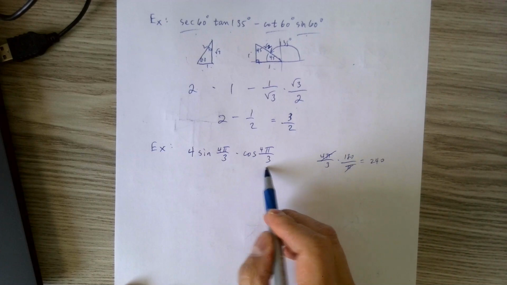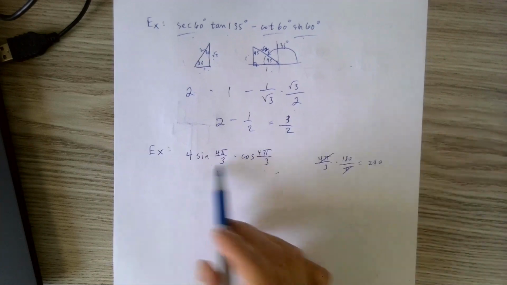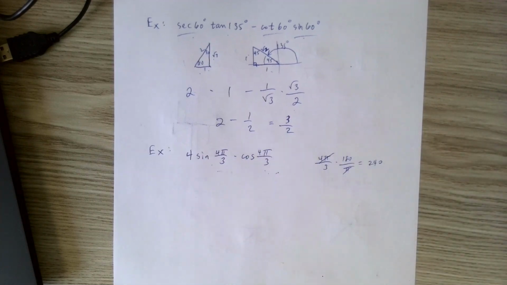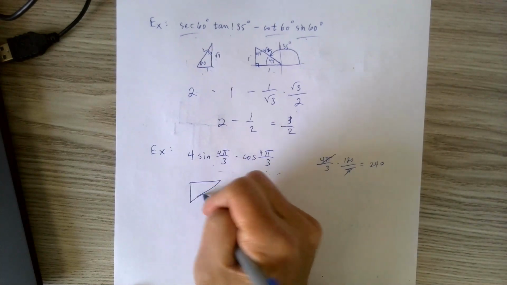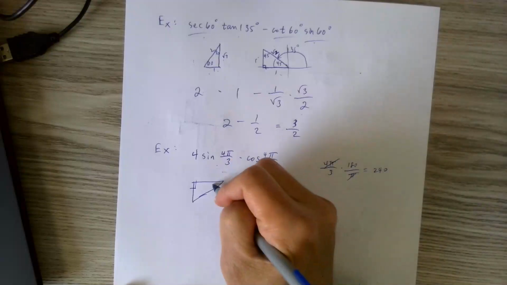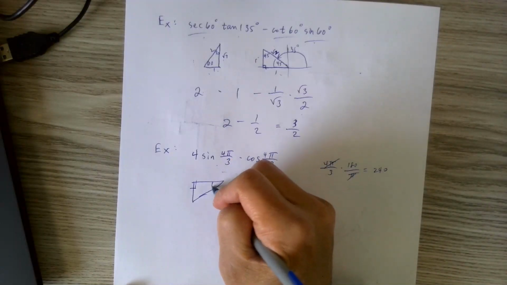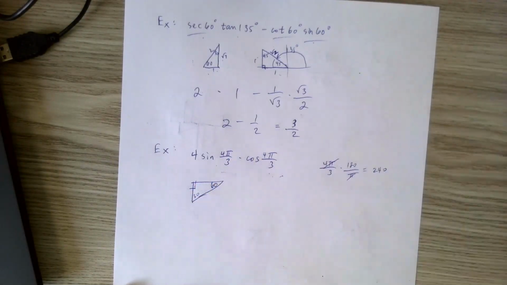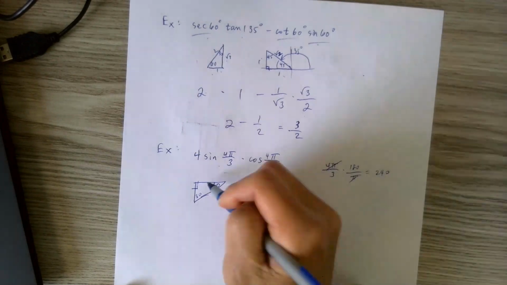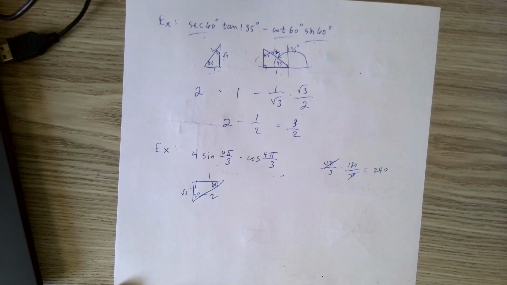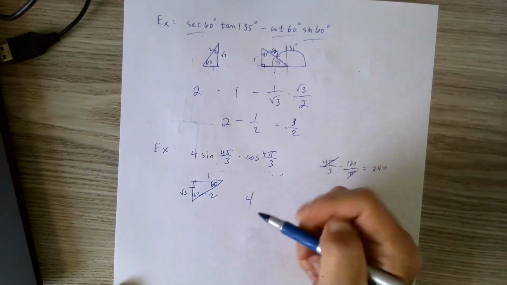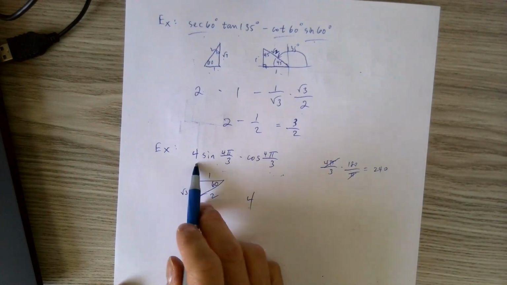And this one's the same angle. So we're going to use one triangle for both of these. And we are in quadrant 3, with a reference angle of 60 here. So I need the sine, the 4 is just that 4.